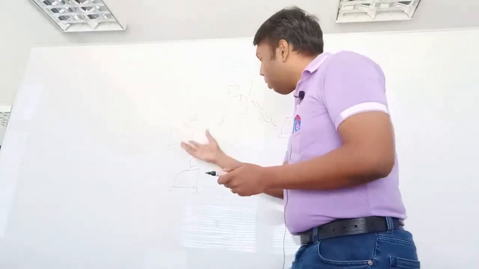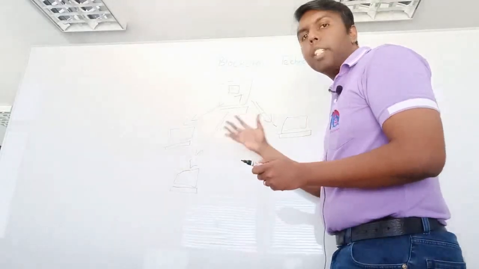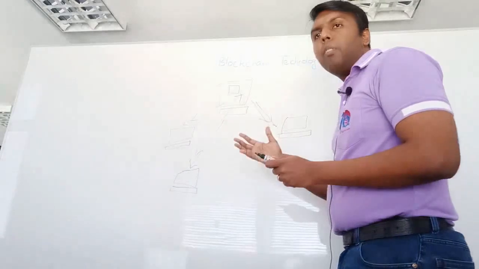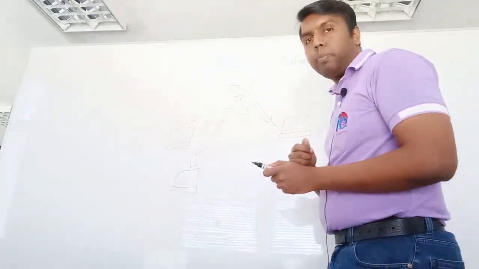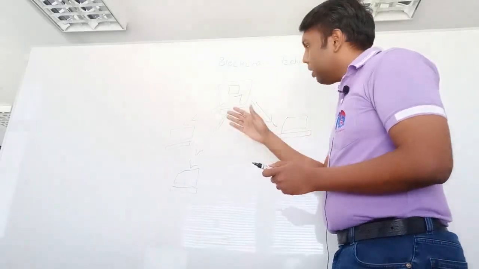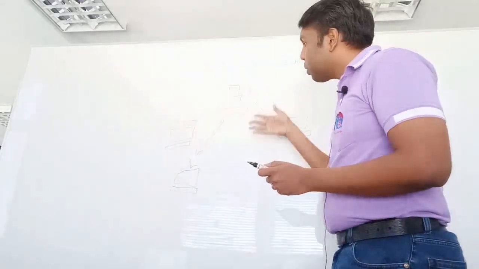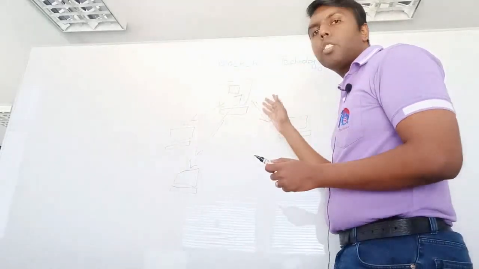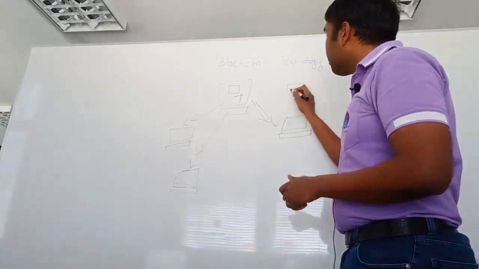Based on the feedback given by these nodes, it is identified whether the transaction is genuine. Once the transaction is marked as genuine by most of the nodes, it is marked as valid, and then it is stored in the database.